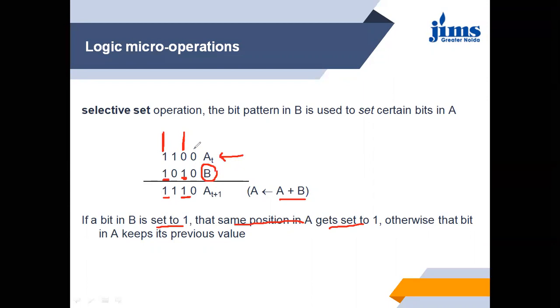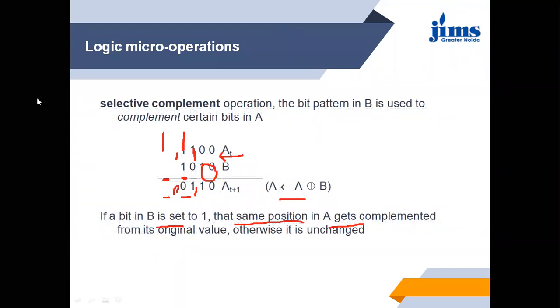You can see from here that this one is the same, this one is also the same. So whenever we have to change a value from 0 to 1, or keep 1 as 1, or set any particular bit to 1, we set that bit value in register B as 1. It happens when we perform the selective set operation. Set means 1.